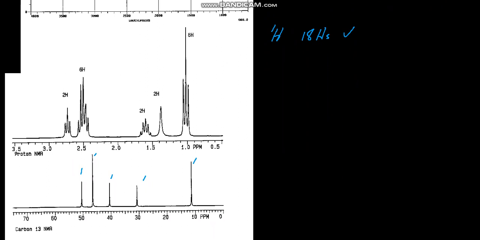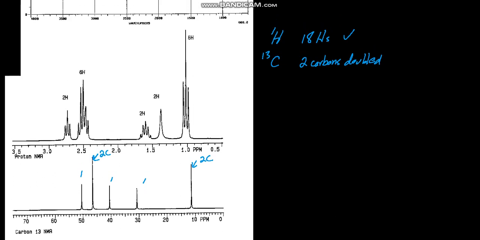So we have 2 carbons doubled up. And it kind of looks like that one and that one. So we'll just have to keep that in mind. I'm going to tentatively say 2 carbons there.